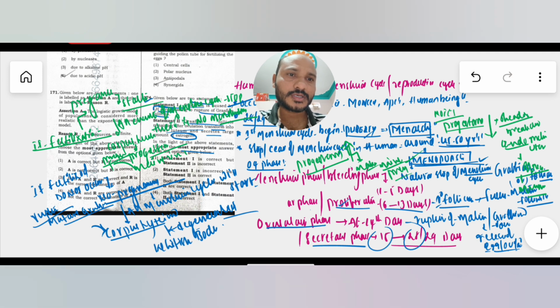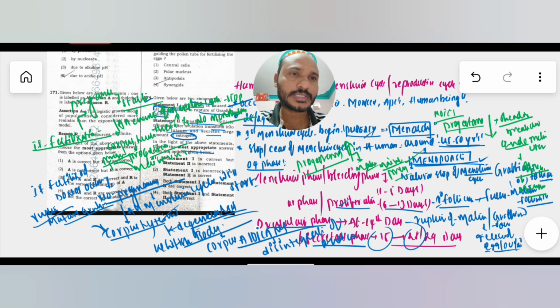Now this whitish body structure is known as corpus albicans. Corpus albicans, very very important. Corpus albicans are the whitish body structures which form from degeneration of the corpus luteum, and these cause disintegration of the endometrium lining, because corpus albicans can't produce any kind of hormone.